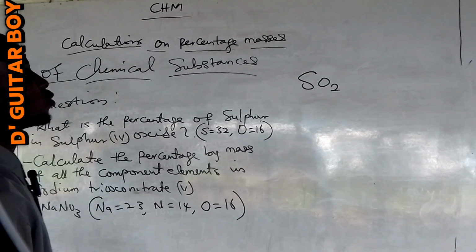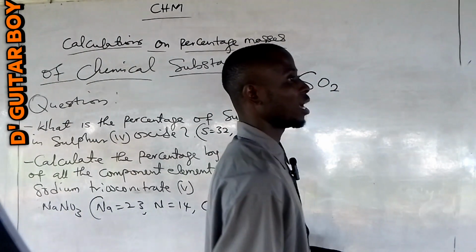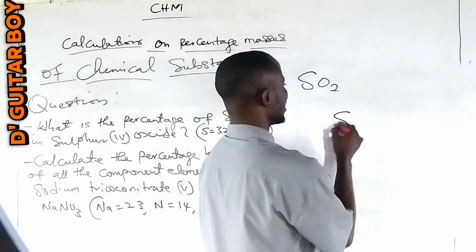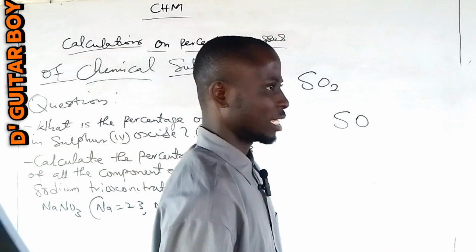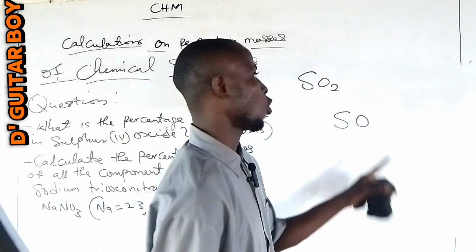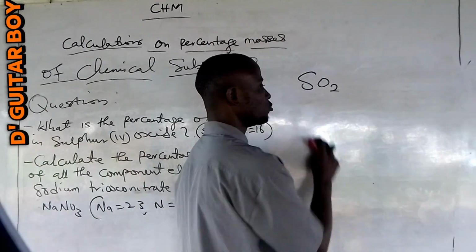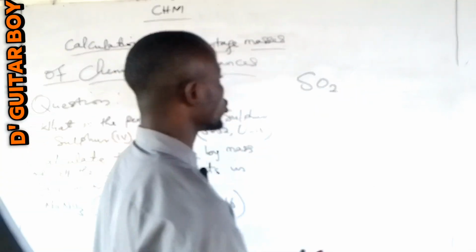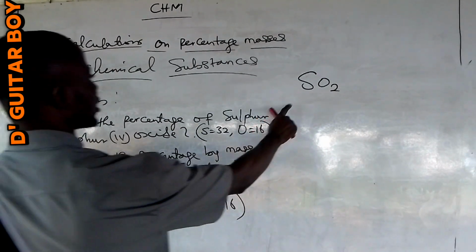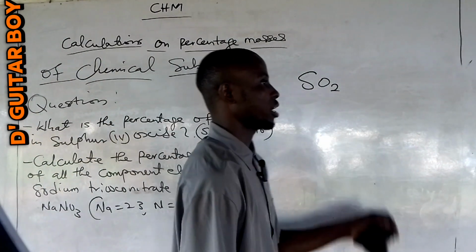Some people that have minute knowledge in chemistry will write sulfur 4 oxide as SO, but that isn't correct. You have to know how to write the formula very well before you can solve this problem. This is the first step. After this step, the remaining things are simple. You must know how to write your formula.